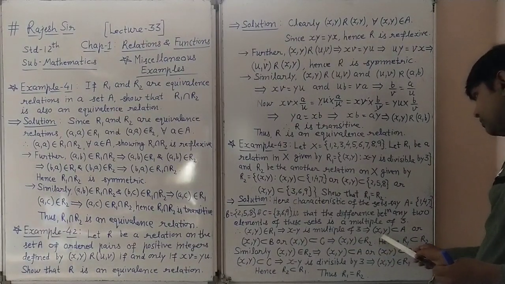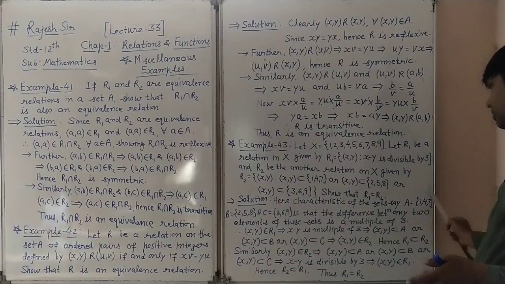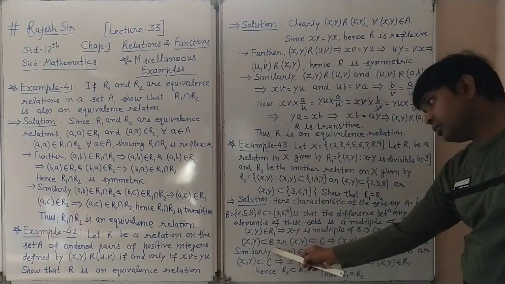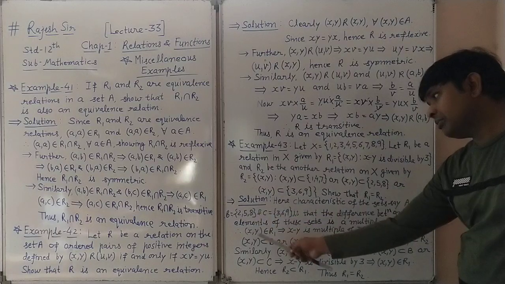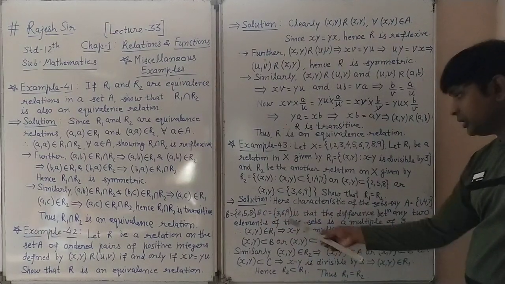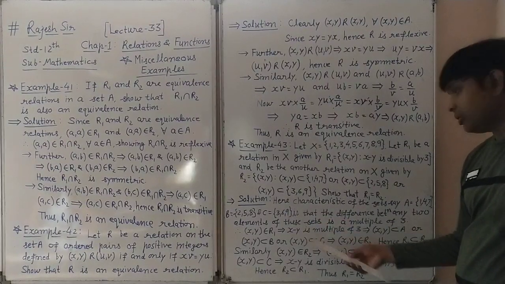That means (x, y) belongs to A, because the difference is always a multiple of 3, or to B also, because there too all the differences are multiples of 3, or to C as well.